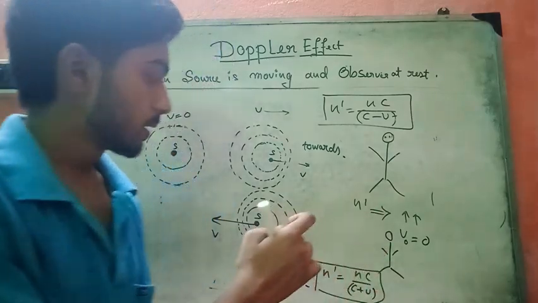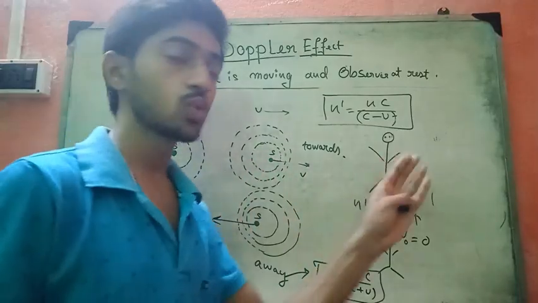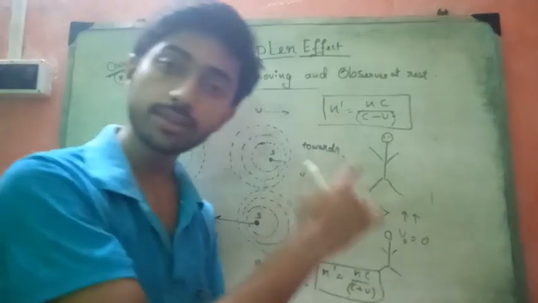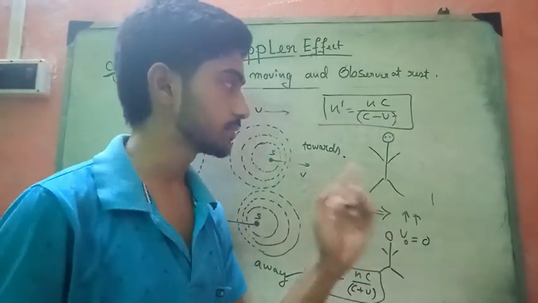And when the source is moving towards the observer and the observer is at rest, then the frequency is n into c by c minus v.